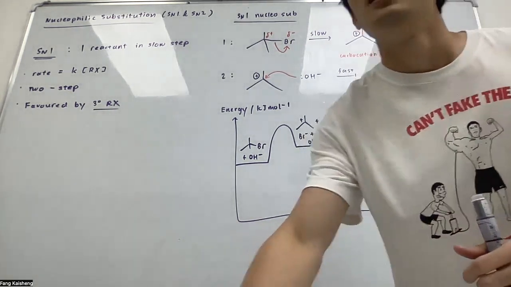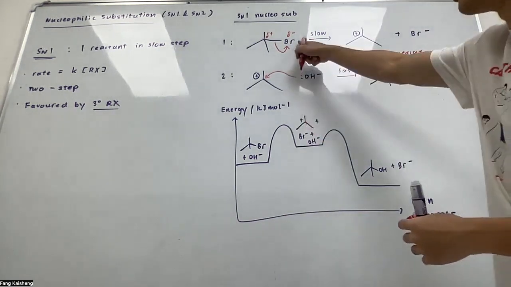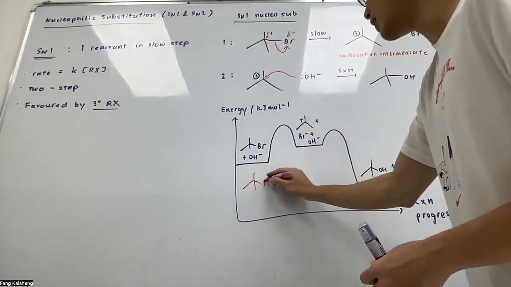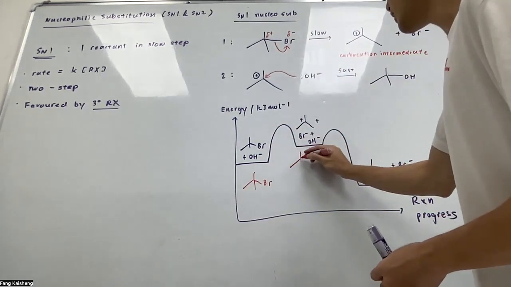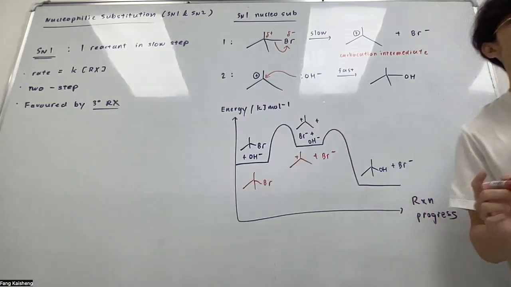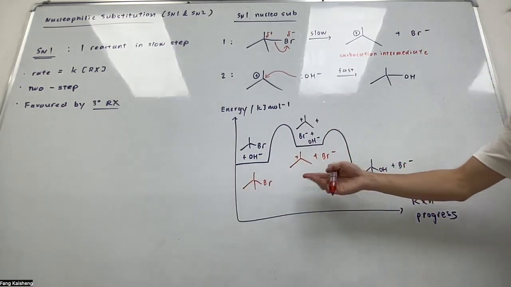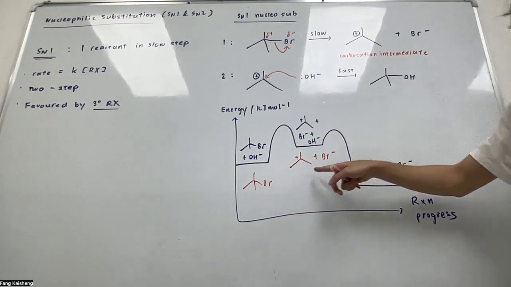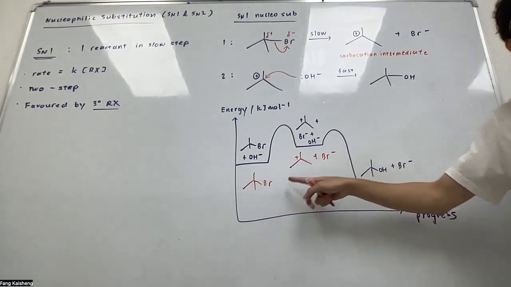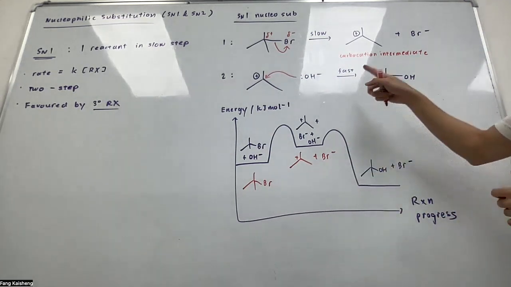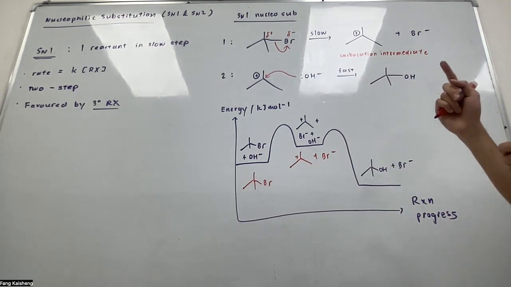Yes, it is. Conversely, if you followed the mechanism strictly, meaning the first one you draw this only, second one you draw this, is it balanced so far? Look at the red ones. This is what you probably would have drawn. Because the first step only has one item, you draw one item. Is this balanced so far? It is, you just detach the bromine only. But the final step, what do you draw?